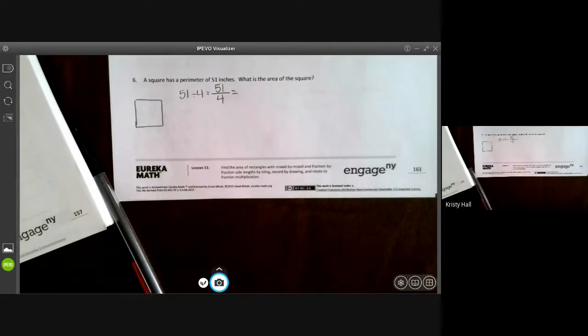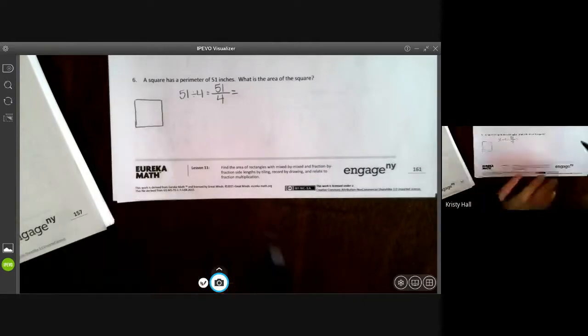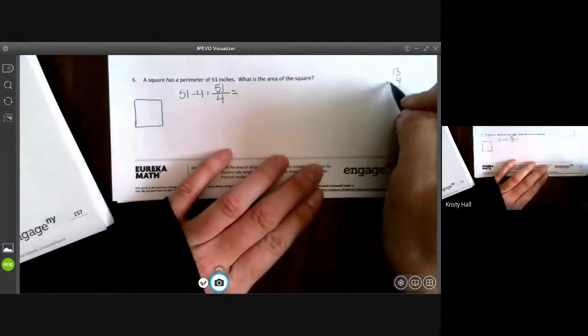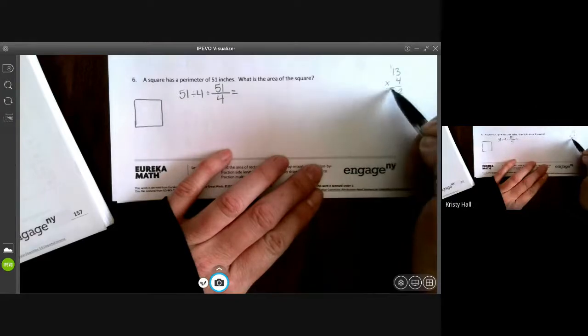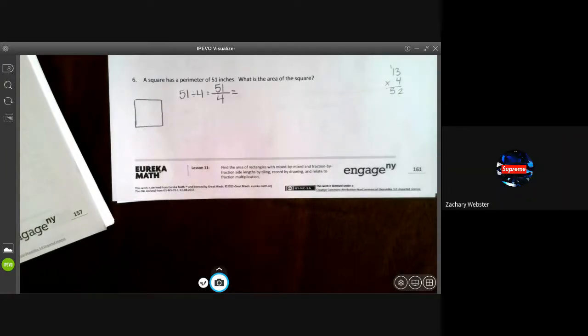Any ideas? 13? 12? 13, let's see. 13 times 4. That's 12, 4, 5. That's 52, Riley. That's a little too much. So what else should we try? 12? Let's try 12.